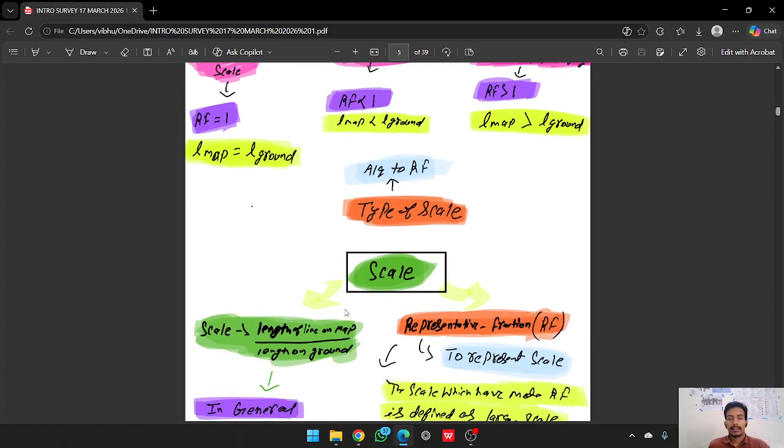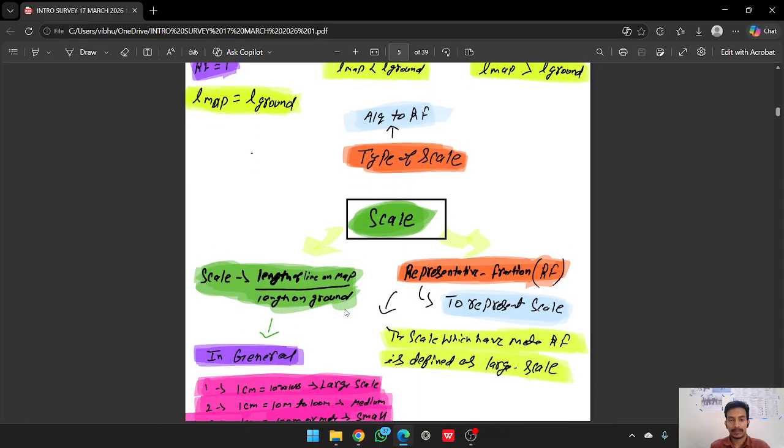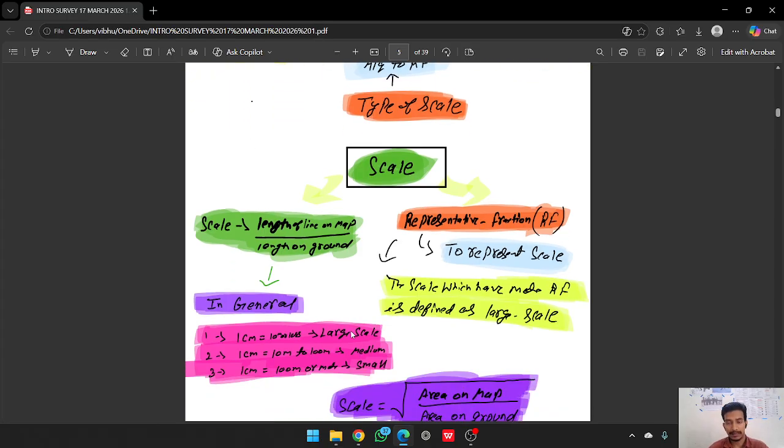Now, scale. What is scale? Scale usually means the length of a line on the map to the length of the line on the ground. It is also known as the representative fraction.